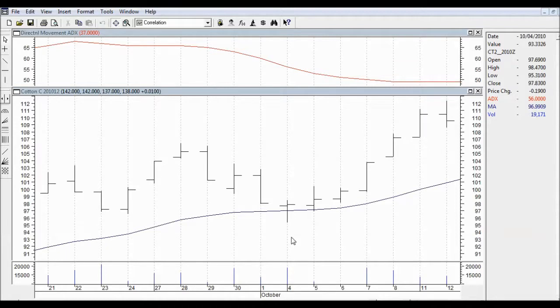This is a classic setup here. We're looking at a chart of the December 2010 cotton contract, and what the strategy entails is basically looking for a pullback in a market that is in a strong trending mode.